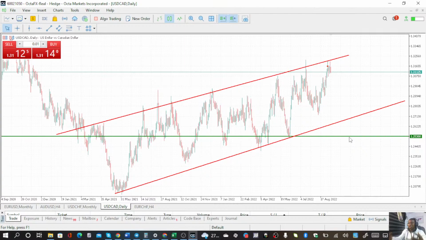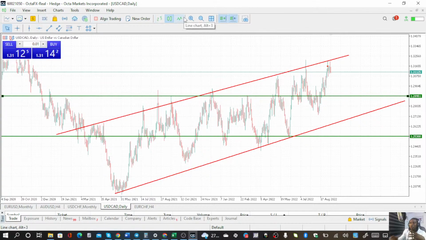The support zone is also called the demand zone. I would go into details as we go into the session. The resistance zone is called the supply zone. Now let's map out these levels to see areas of support and resistance.